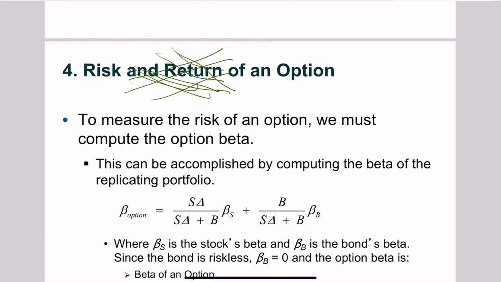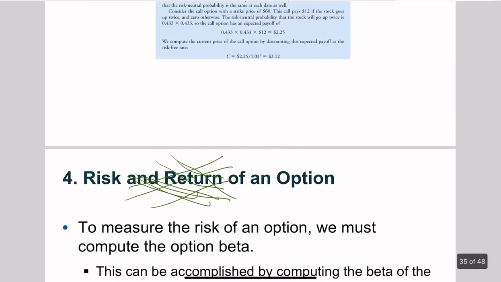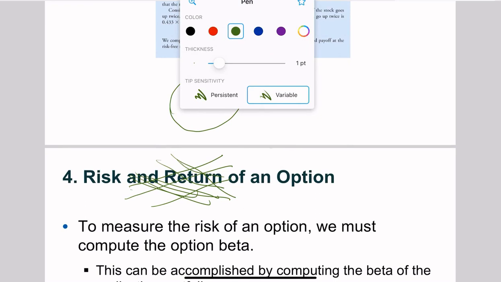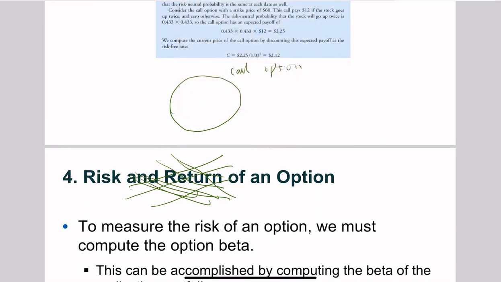Think about this, right? We have said a call option can be considered as a replicating portfolio of a stock and bond. That is, let's say this is a call option. And we know that it's essentially a portfolio of stock and bond, right?